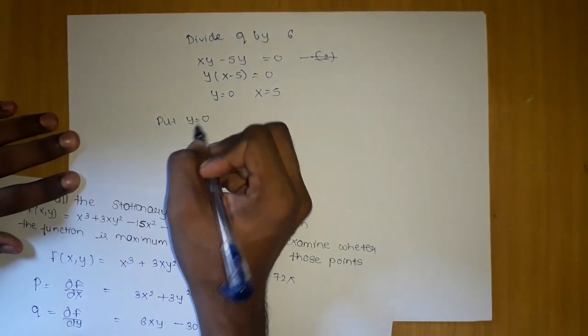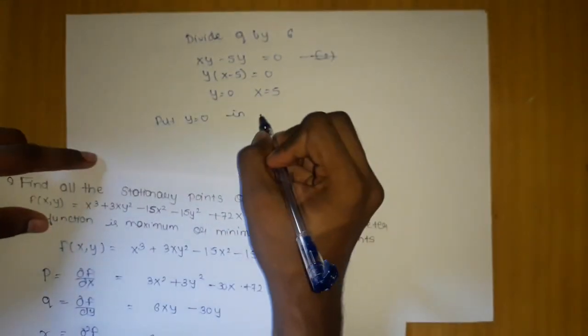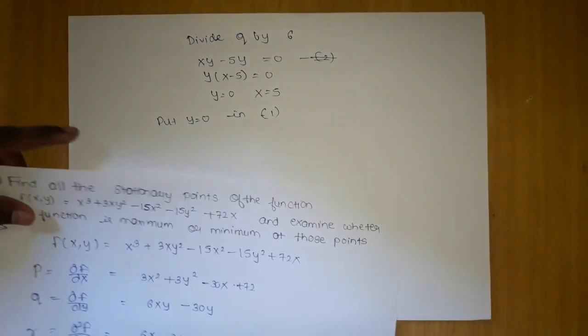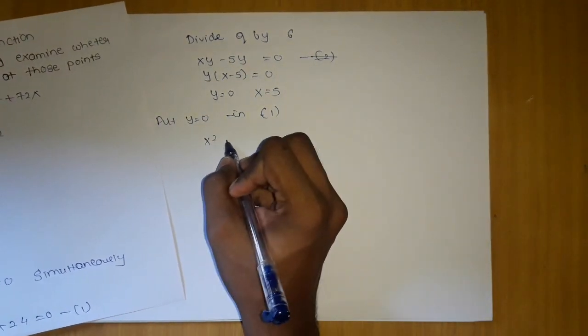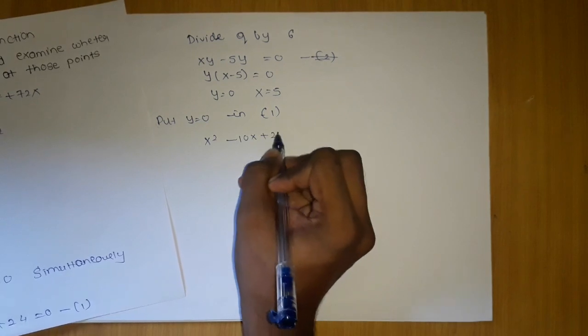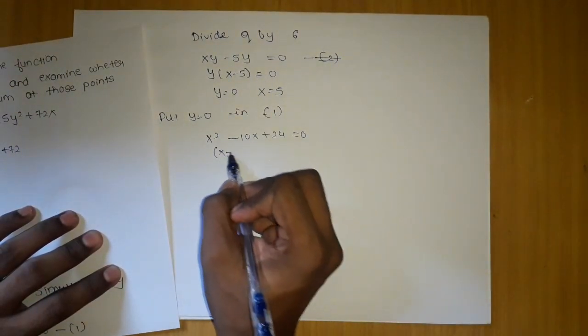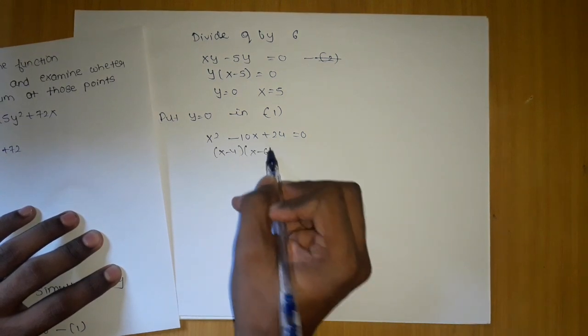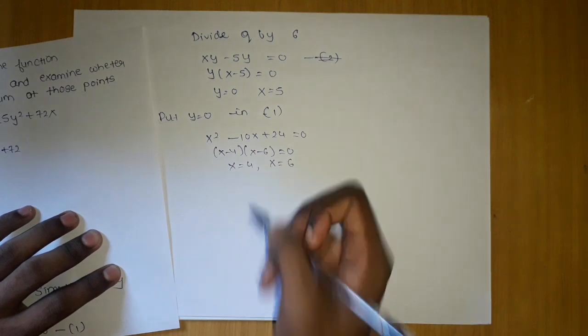Put y equals to 0 in the first one. If I do that, what I am going to get is x square, this y will become 0, minus 10x plus 24 should be equal to 0. If I solve this, I will get x minus 4 into x minus 6 should be equal to 0, giving me x equals to 4 and x equals to 6.